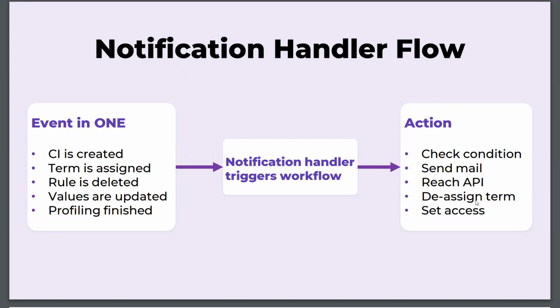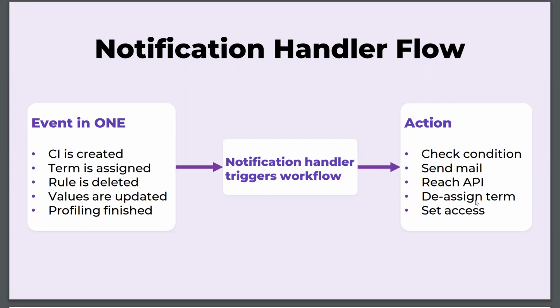When that specific event happens, a notification handler is activated, gets information about that specific event, and triggers some response. It triggers a technical workflow or a shell script. The response can start with checking some conditions. It is typically an Ataccama plan or component. So it can check whether the kind of event is the one we want to react to.